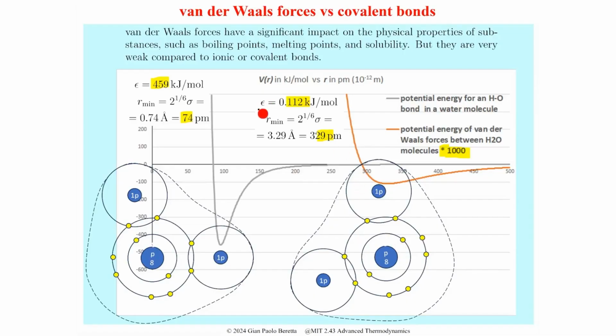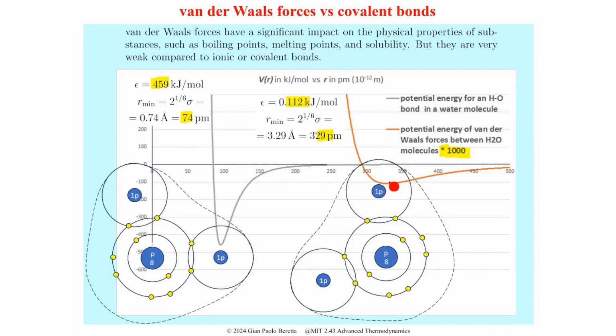The value of the epsilon is, you see, 4,000 times smaller, 5,000 times smaller. So much that in order to show it in the plot, I have to multiply it here by a factor of 1,000. And still it's smaller.